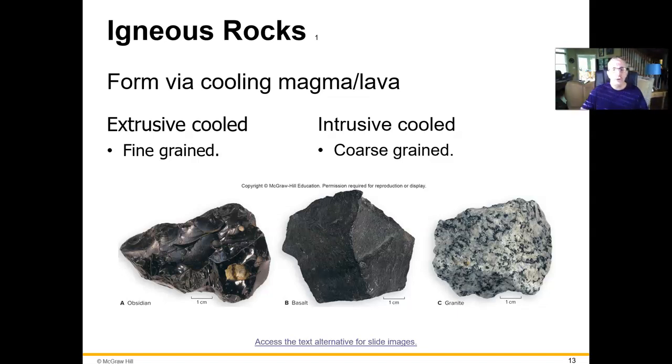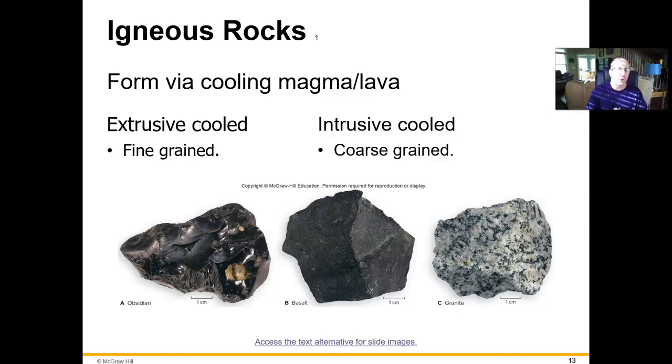So we have two different types of igneous rocks: extrusive and intrusive. Here's the difference. It has to do with where they're formed and where they cool down to become a rock. Extrusive, think of the word external. External means outside, right? So once that lava leaves the volcano, it hits air or water, and it's cooled rather quickly.